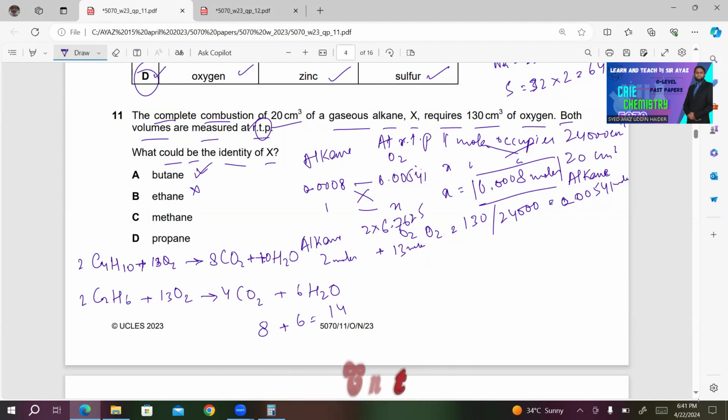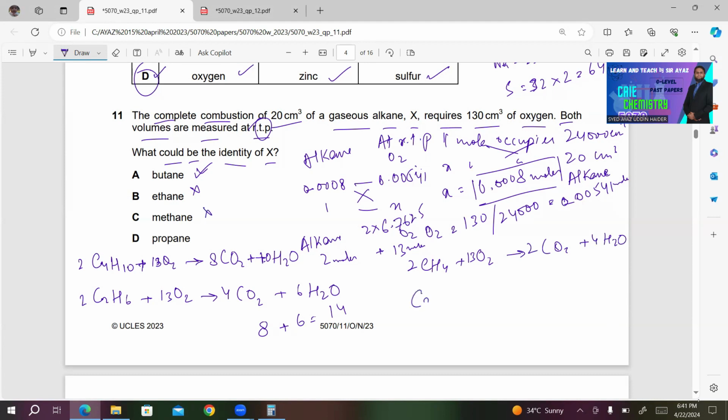So methane, CH4, this also seems incorrect to me. 2 moles, CO2 plus H2O, carbon 2, hydrogen 4 2s are 8, this is also incorrect.